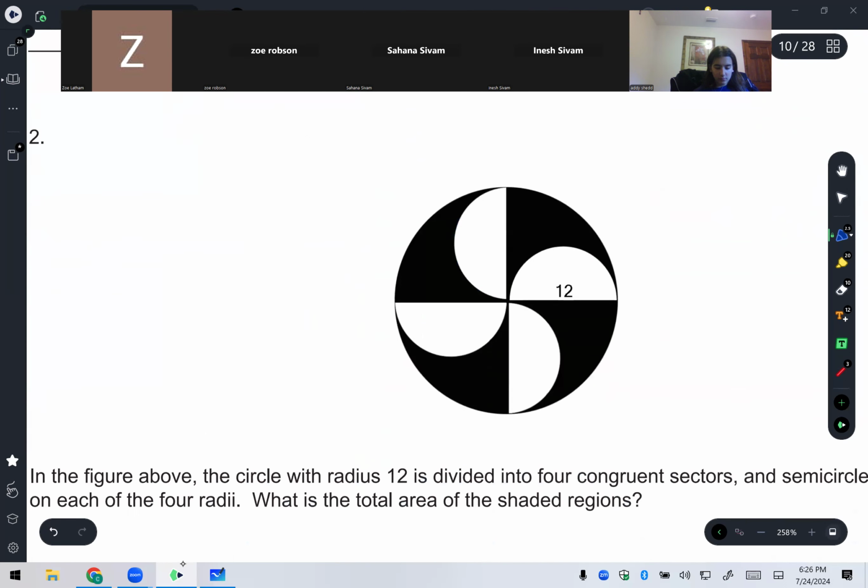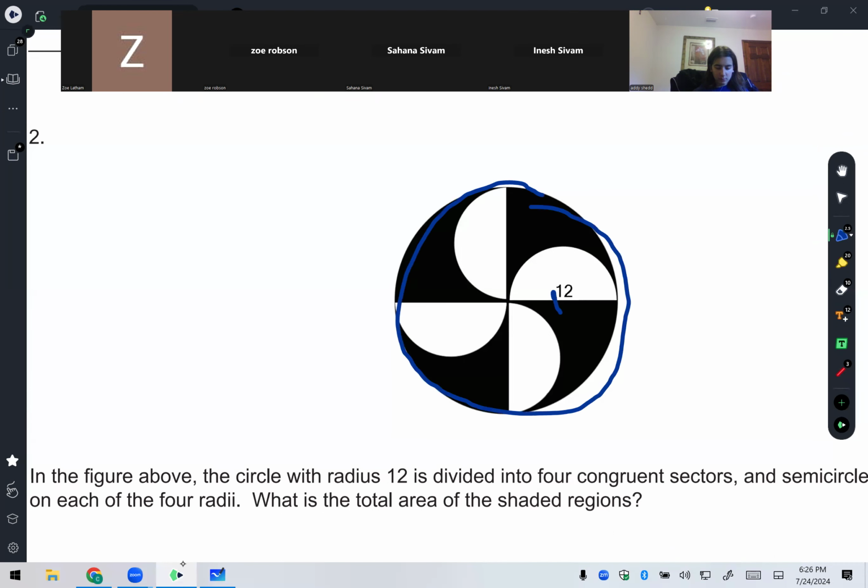Okay, for this petal one, the whole big circle would be pi r squared, or 144 pi. But then here, the radius would be 6. So instead of doing 4 quarter circles, I'm just going to do 2 big circles.